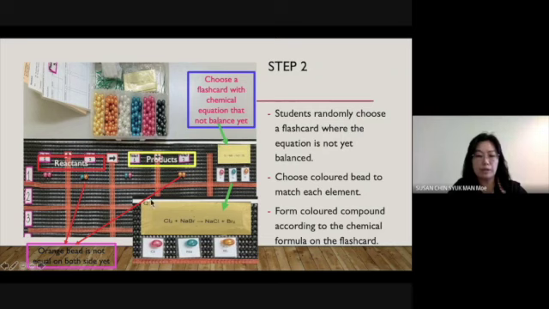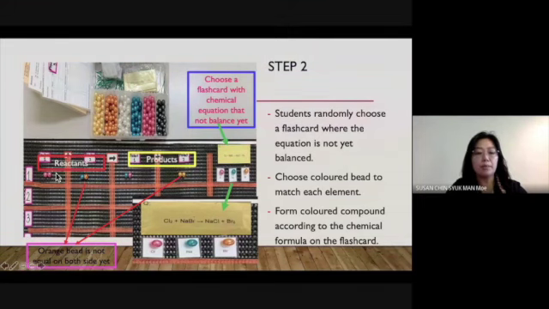They will arrange these in the second column for reactant 2. After the arrow is the product section. According to the flashcard, the first product is NaCl: Na, blue, Cl, pink. So they put blue and pink. And lastly, the second product is bromine gas, Br2, so they will put 2 Br bits.